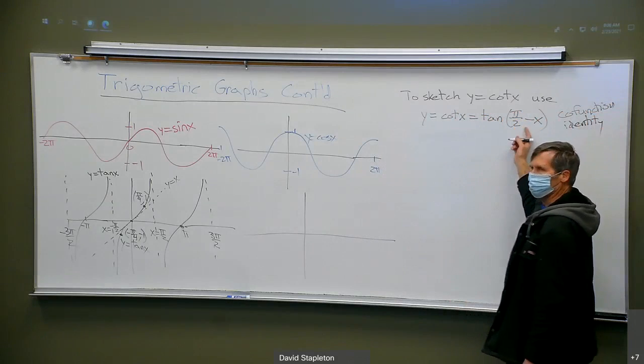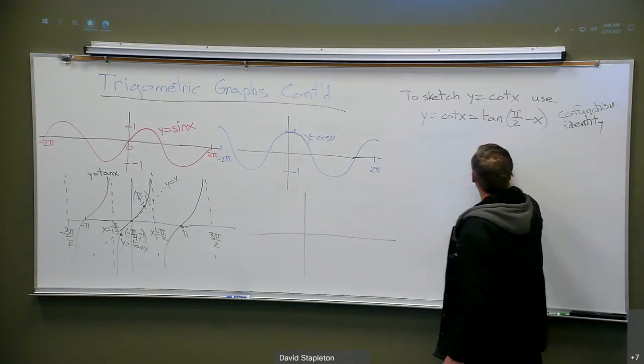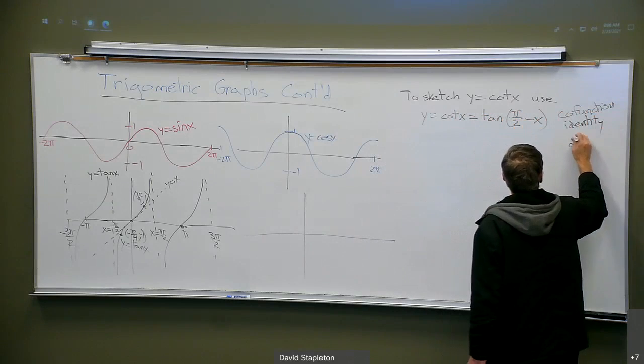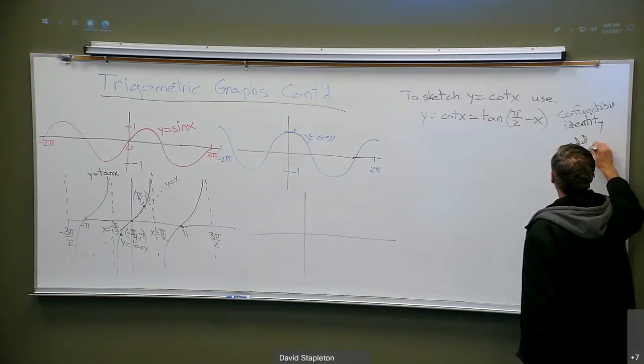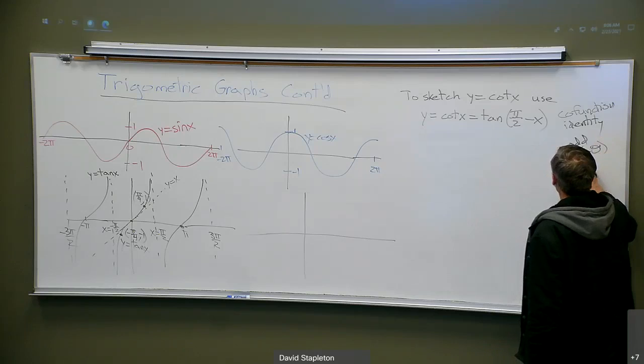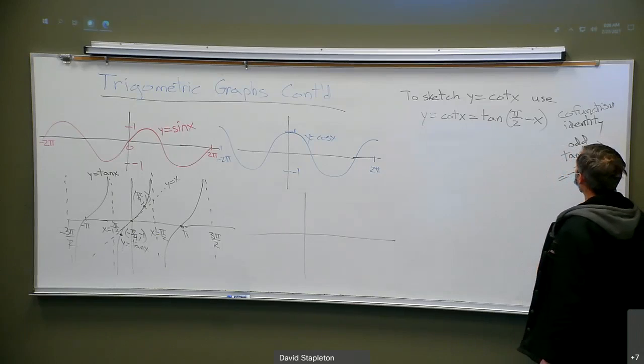And then, remember, tangent's an odd function. If you take tangent of minus theta, the minus comes out as minus the tangent of plus theta, right? That's the odd property.